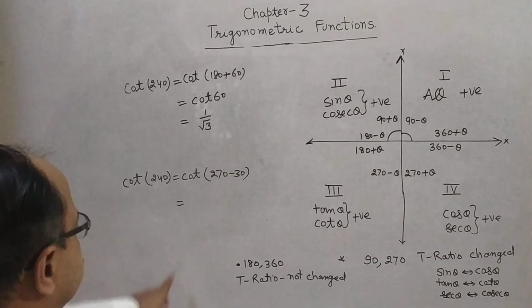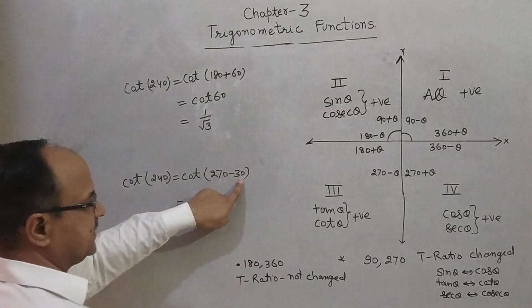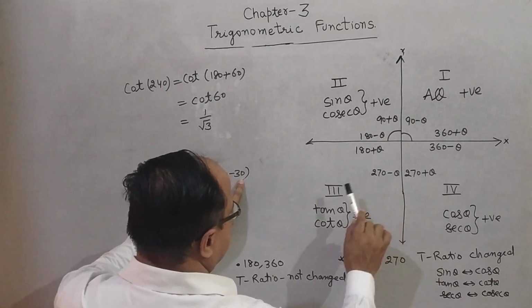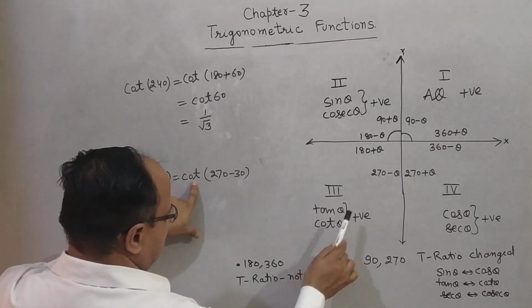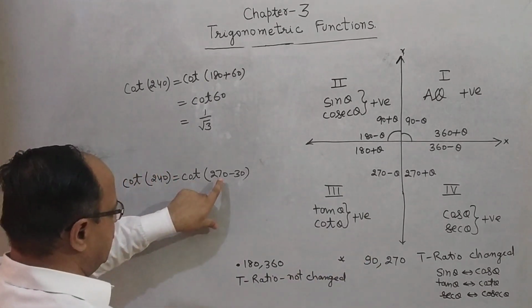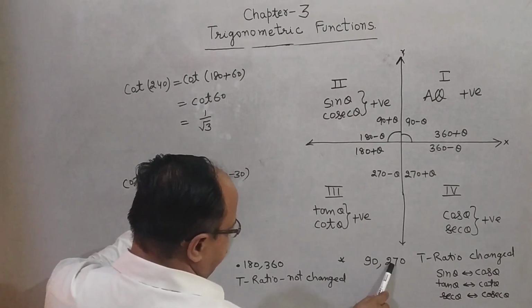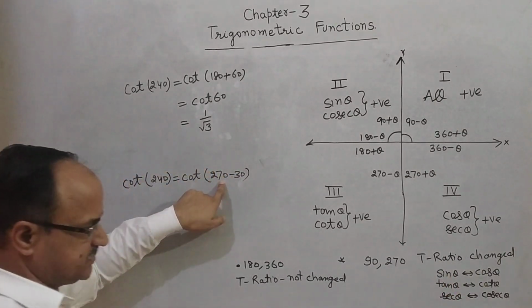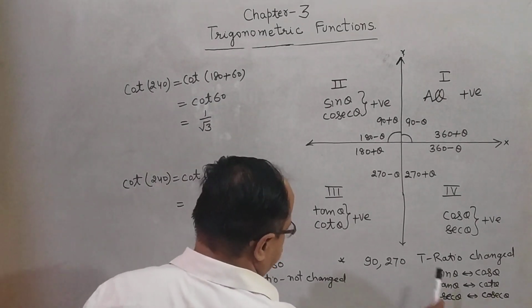Now, cot (270 minus theta). 270 minus theta lies in the third quadrant, and in the third quadrant cot is positive, and it is the case of 270. If it is the case of 270, then the T ratio will change, and you know that cot changes to tan.